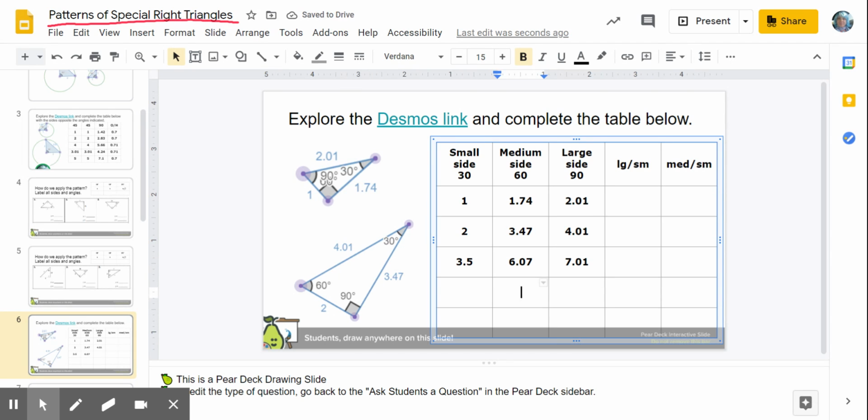So you're filling in your table while I'm filling in mine. We got a 4, a 6.93, and an 8. And then 4.5 and 7.79 and 9.